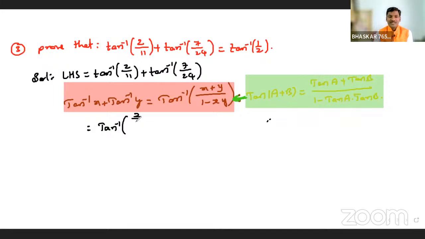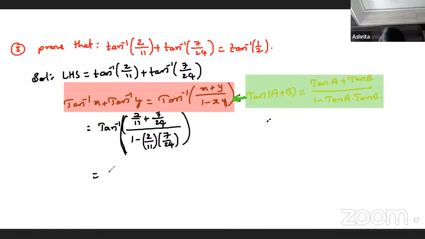Here, tan inverse of x plus y. What is x here? x is 2 by 11 and y is 7 by 24. Tan inverse of (x plus y) divided by (1 minus xy).